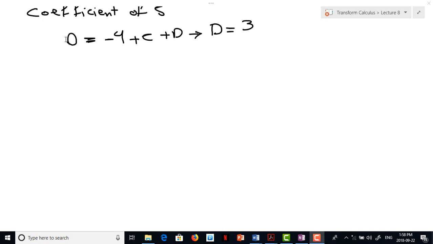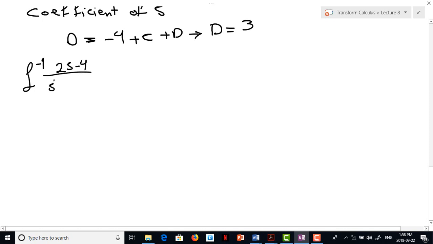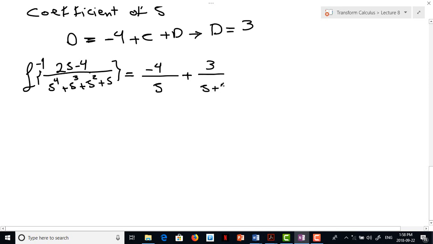Now I plug a, b, c and d in the partial fraction. So we have Laplace inverse of 2s minus 4 divided by s to the power of 4 plus s cubed plus s squared plus s is equal to a, which is minus 4 divided by s, plus b, which is 3 divided by s plus 1, plus cs plus d.